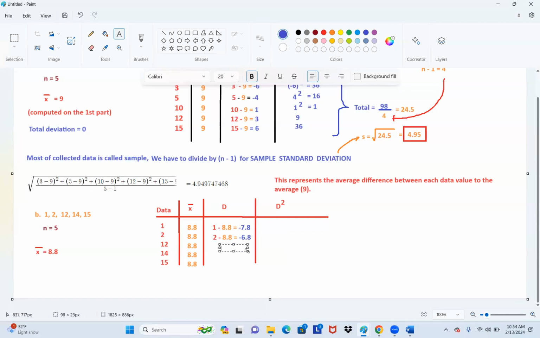We do the same thing for all of the values. So we get this one is 3.2, correct? And this one is 5.2. And this one is 6.2.